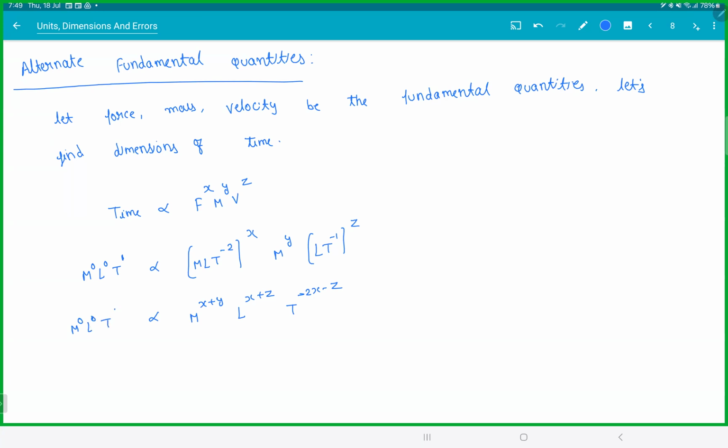On the LHS you have M power 0, L power 0, T power 1. Exponents of the respective quantities must be the same, because you can't equate mass with length and length with time.